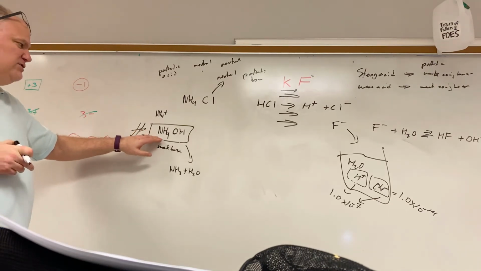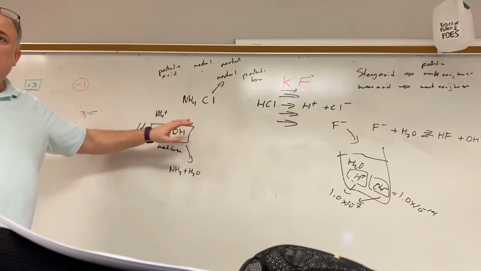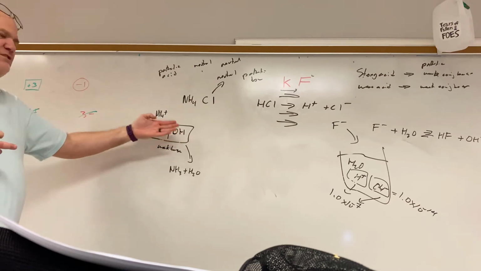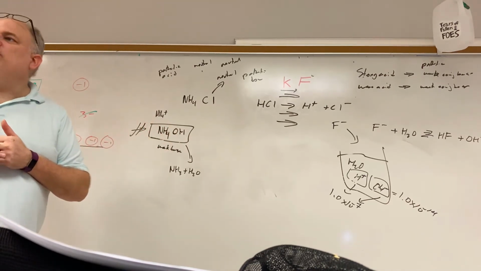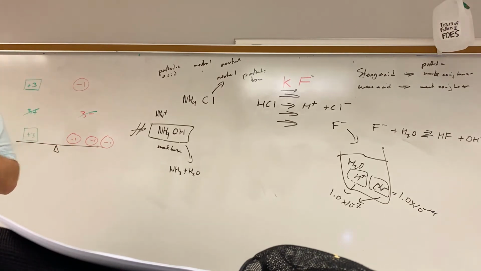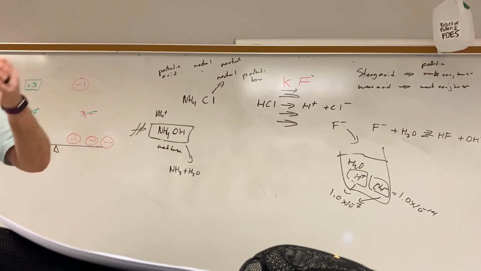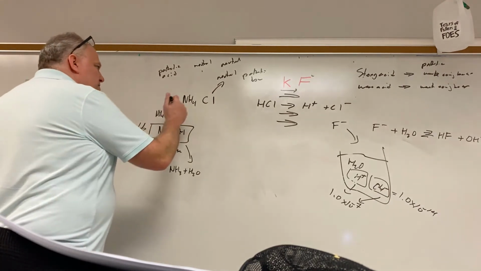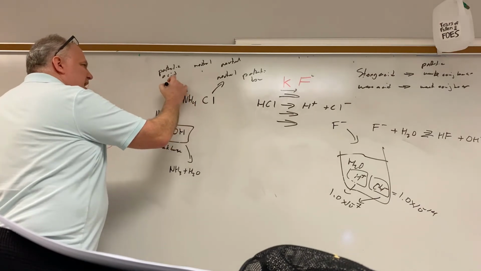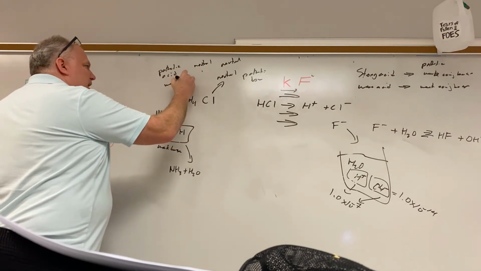NH4+ is not the conjugate of a strong base, it's the conjugate of a weak base. Conjugates of weak bases are also weak acids. You can never go from a weak acid to a strong base or a weak base to a strong acid. You just go to varying degrees of weakness, which is what you both asked very astutely. So what does that mean here? That means that this NH4+ is actually a weak acid.